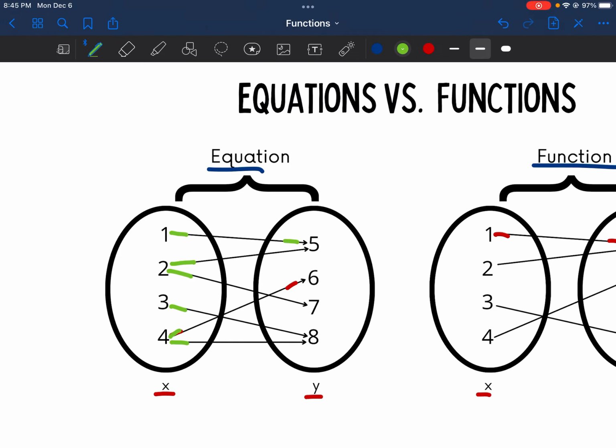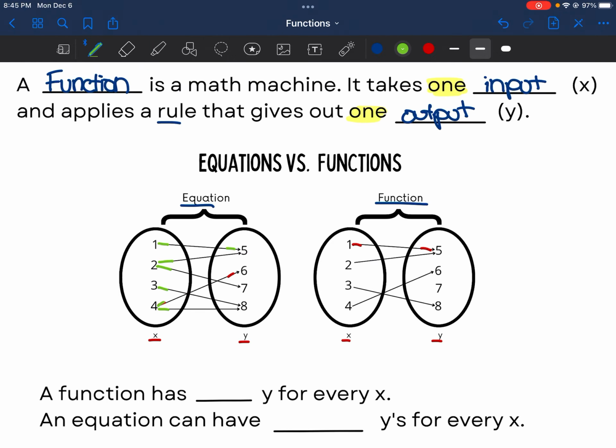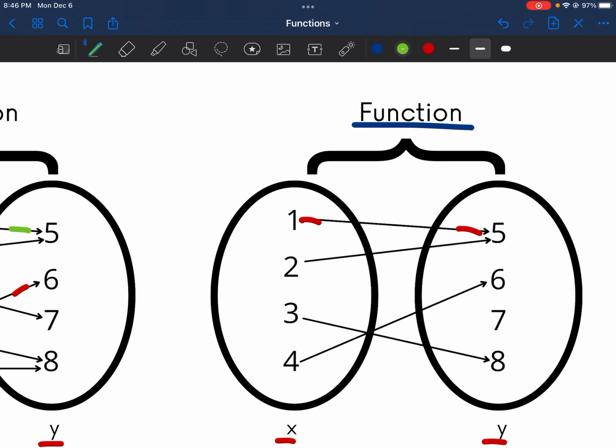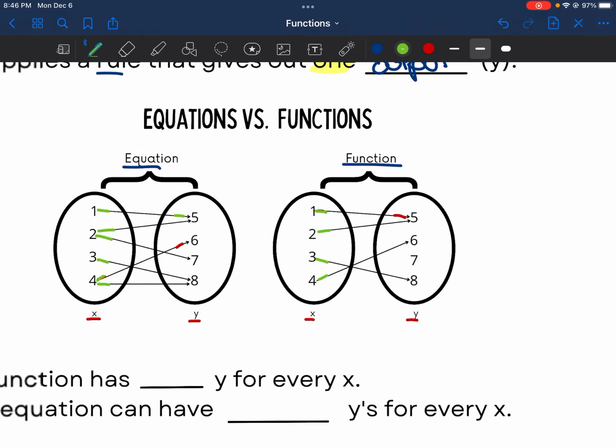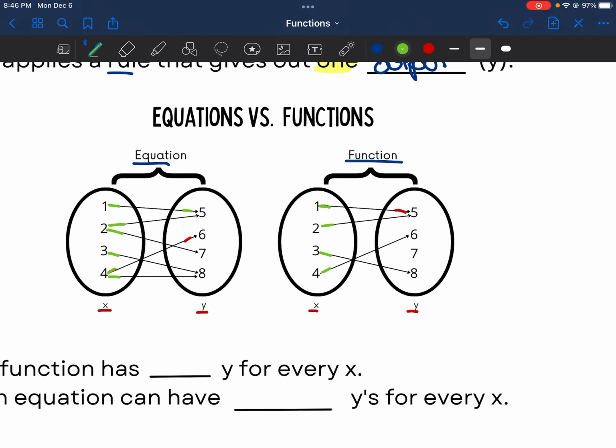So I see that the number of mappings is different. With a function, however, I only see 1. So I see 1 only going to 5. I see 2 only going to 5. 3 is only going to 8 and 4 is going only to 6. This difference is basically, again, the whole definition of how we can tell if an equation is a function.